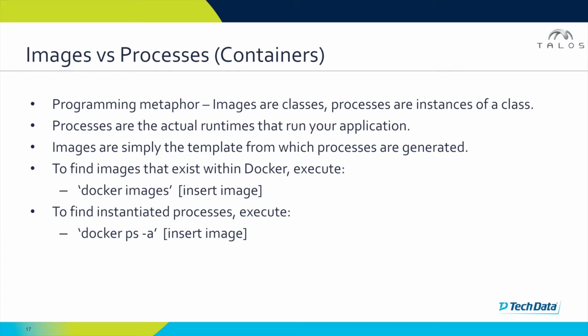And they are saved as an image. It's like a template, effectively. And when you instantiate a process based on that image, it takes like a snapshot of it and runs it. So images don't run, processes run. Processes are the actual runtimes that run your application. Images are simply the template from which the processes are generated.